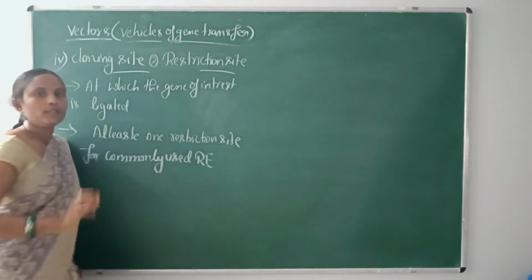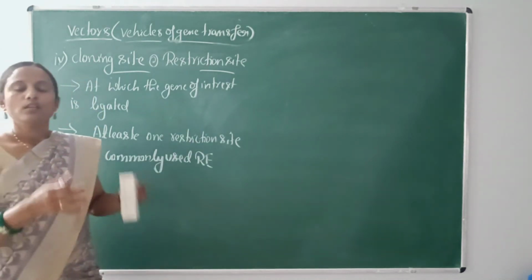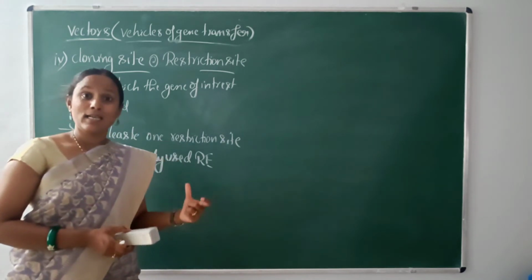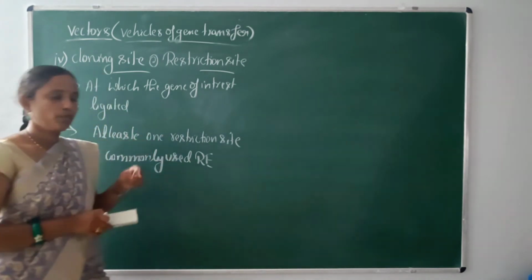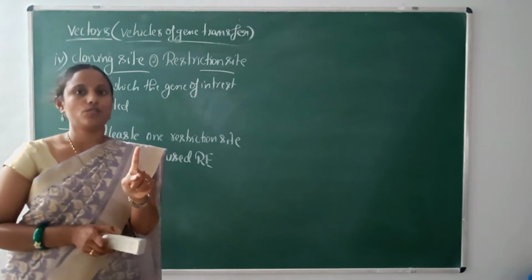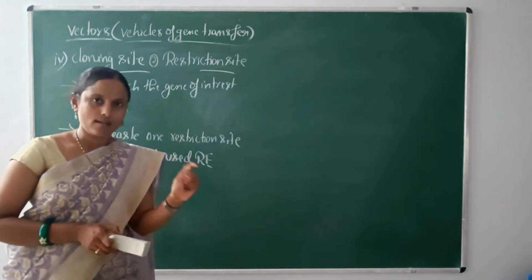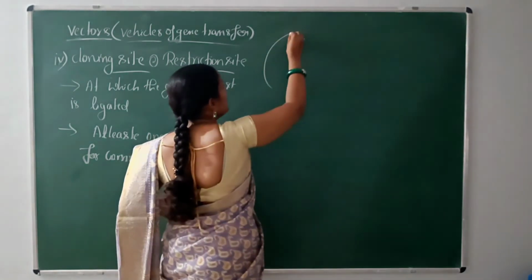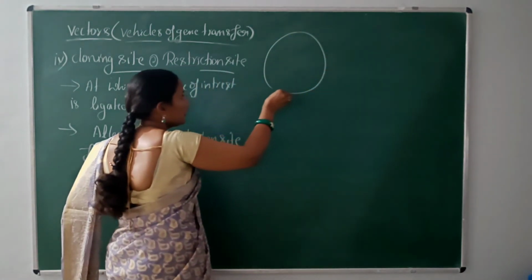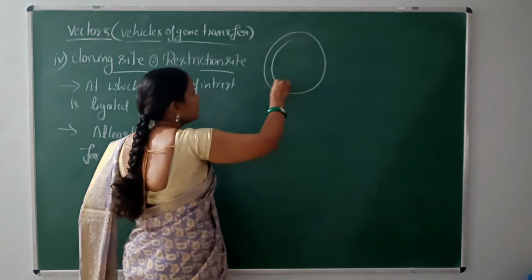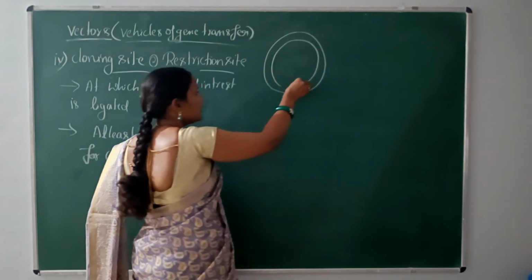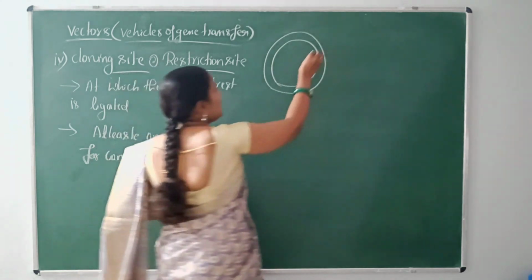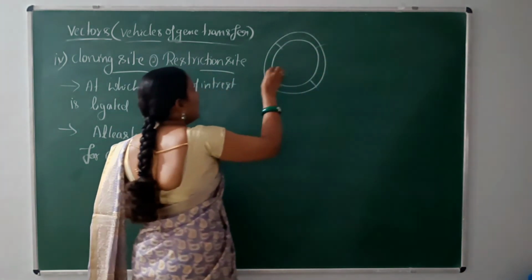Whatever enzyme we are using for a restriction treatment, for that enzyme there should be one restriction site, not more than that. For example, I told you in the plasmid pBR322 there are 8 restriction sites for 8 different restriction enzymes. So I will take a few.